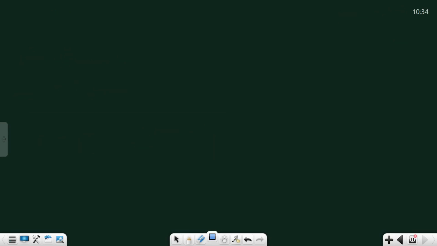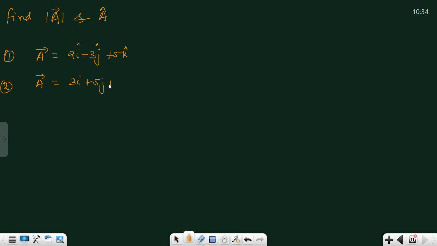You can solve this as homework and bring it. It is a simple question. I am giving you vectors, find the magnitude and unit vector, you have to find both. First one is vector 2i minus 3j plus 5k cap. Second one is 3i plus 5j plus 8k cap.